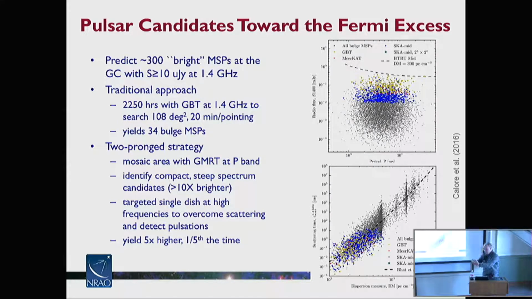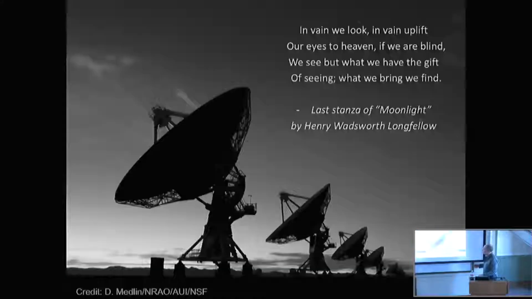So you can identify in the image plane the steep spectrum sources that are likely candidate pulsars, and then you target them, instead of surveying the whole area with a single dish, at frequencies like 5 gigahertz or 3 gigahertz to get past the temporal broadening. And again, back of the envelope calculation suggests that we could find of order 150 of these things with about 1/5 the total telescope time. So it's worth considering that you could dig deeper into this distribution and you could find more of these pulsars.